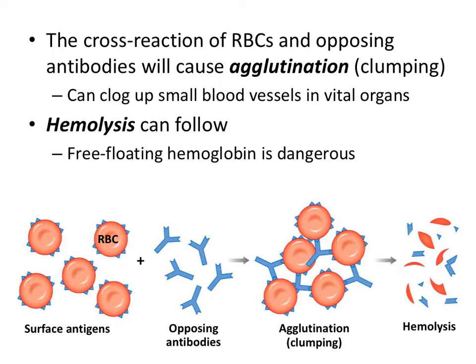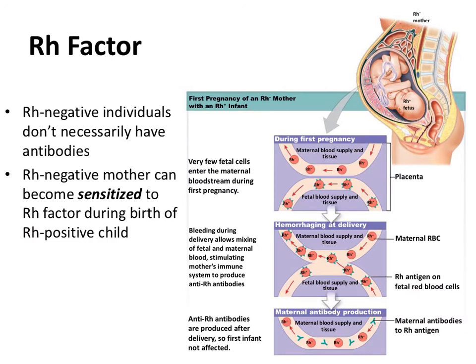When the body does break down red blood cells, it has to do so in a very specific way, not only to recycle the iron, but to prevent damage to the kidneys. It will only be done in the spleen and the liver, not just in circulation. Very good. All right. So that's the ABO group and a little bit about just what will happen if there is a cross-reaction. But let me talk about the Rh factor.